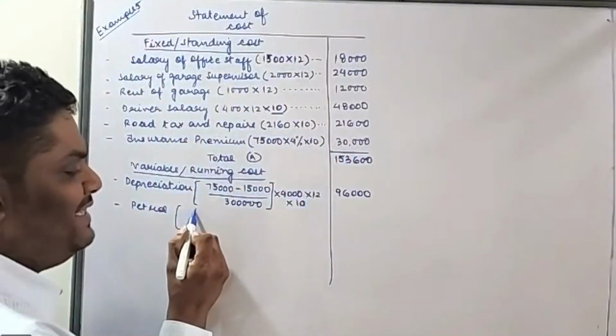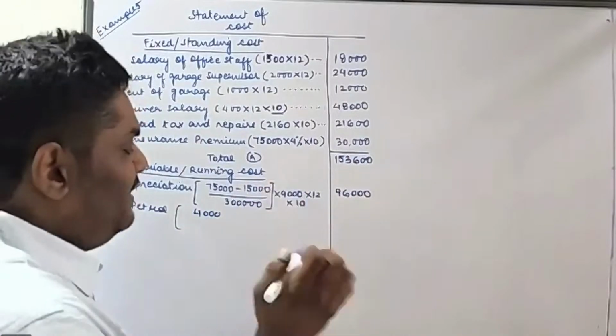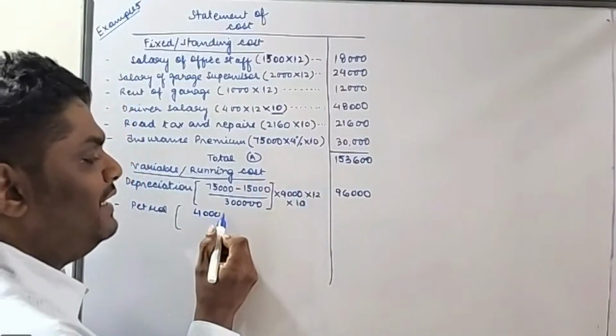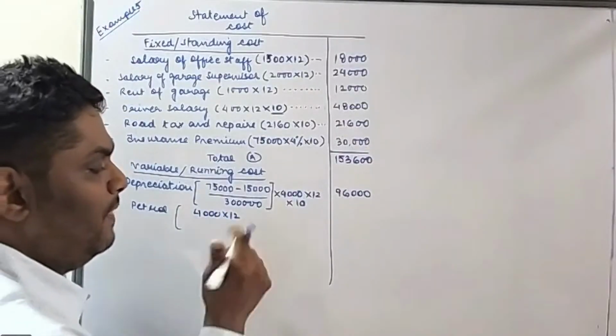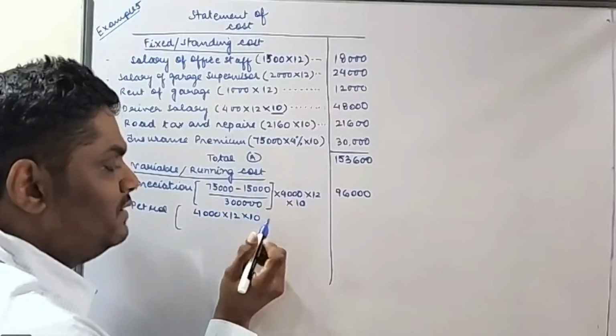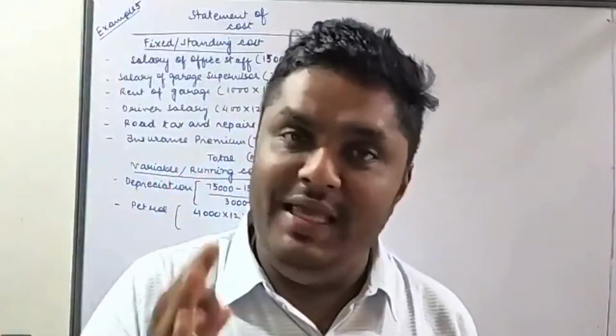The taxi runs for 4,000 kilometers in a month into 12 months in a year. So a taxi runs for 48,000 kilometers in a year.